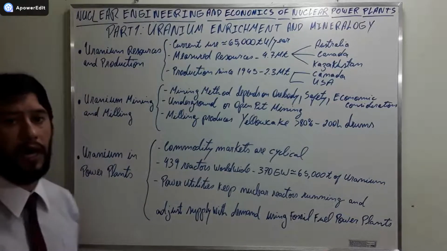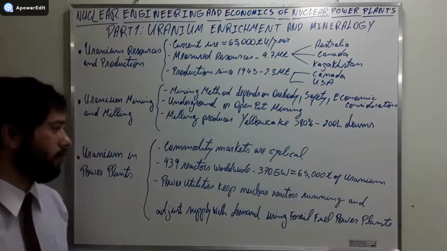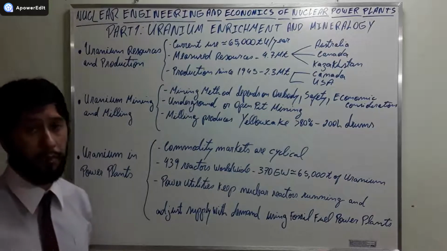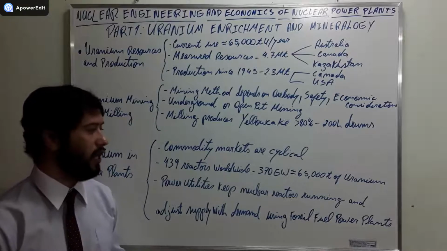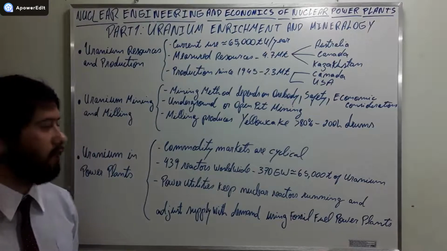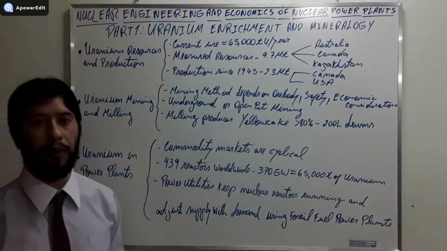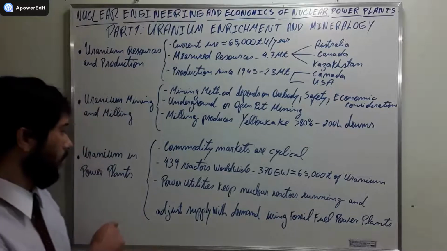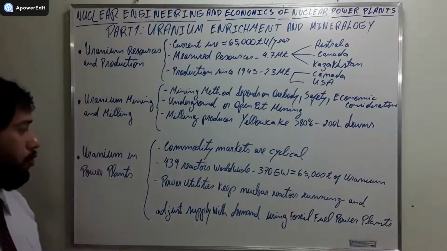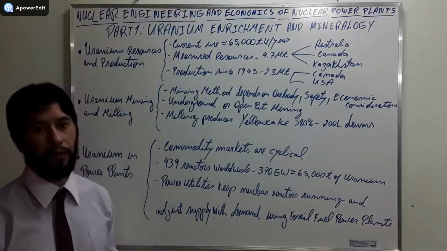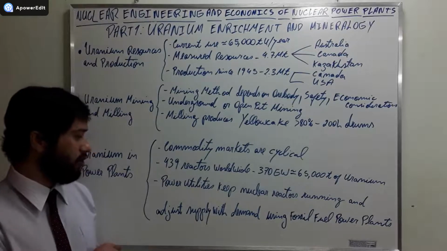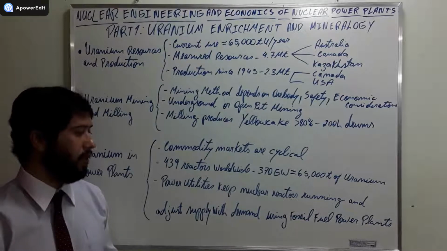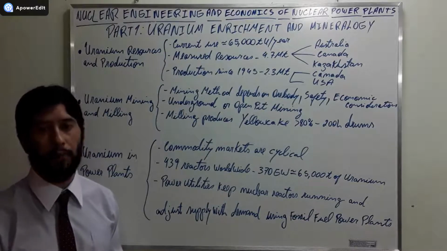There are 439 reactors worldwide with an installed capacity of 370 gigawatts, and they require 65,000 tons of uranium per year. In this way, power utilities can keep nuclear reactors running at high capacity and adjust supply with demand using fossil fuel power plants.